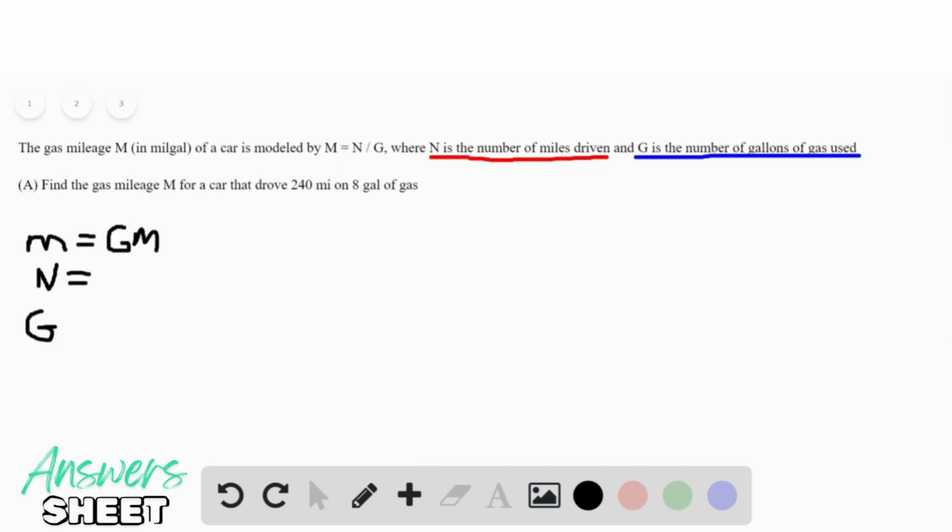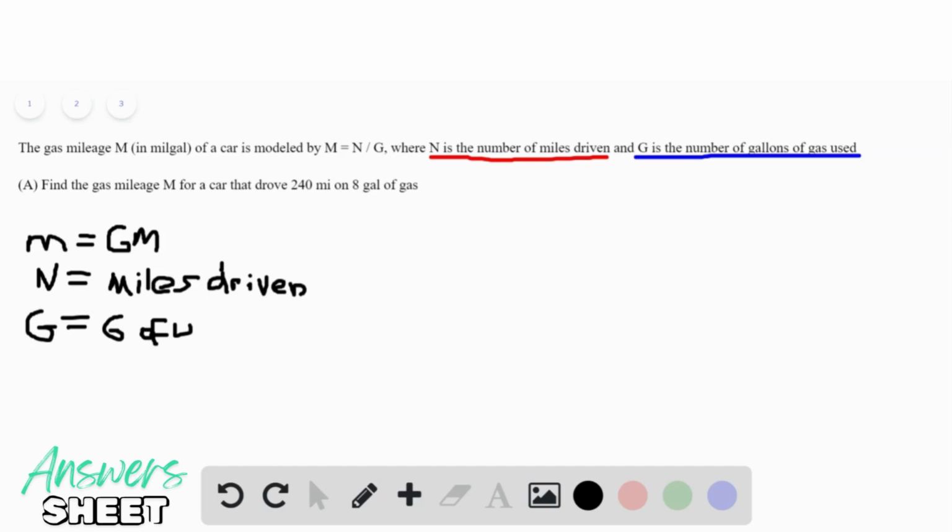So I'm just going to write miles driven. And G, you can guess, that is the number of gallons of gas used. So I'm just going to write G of U, so that way you can tell that it's gallons of gas used.